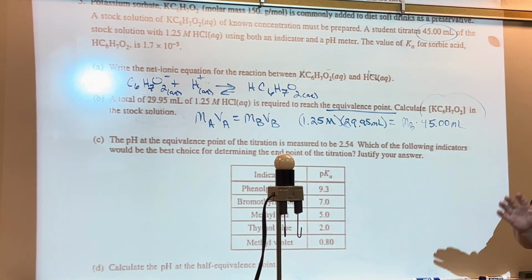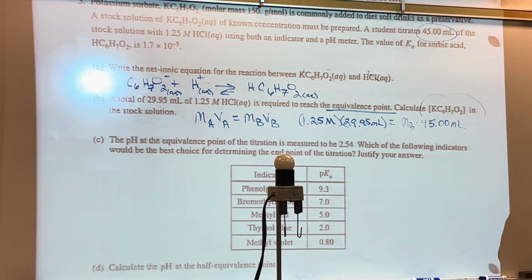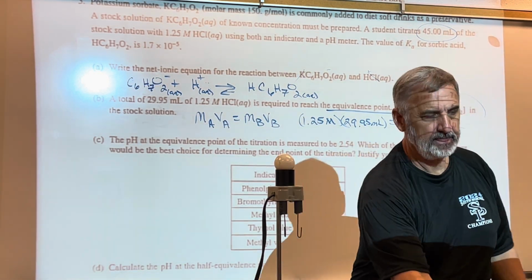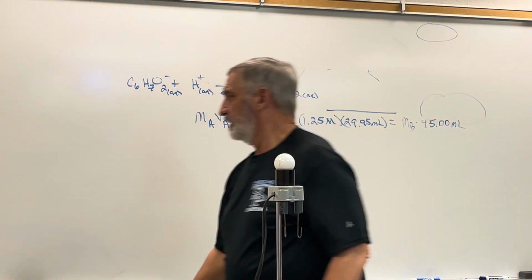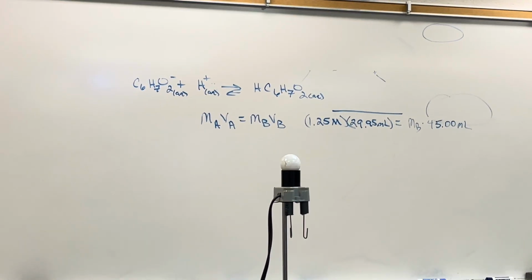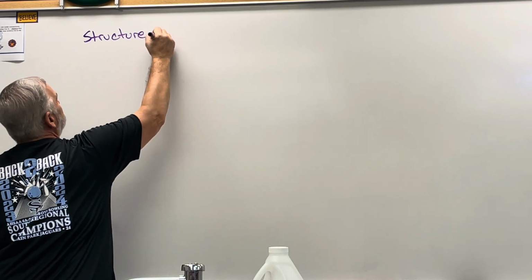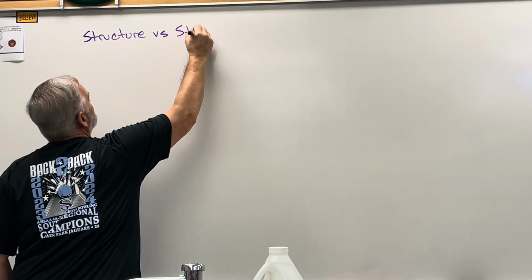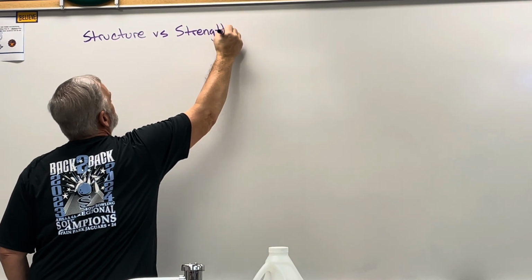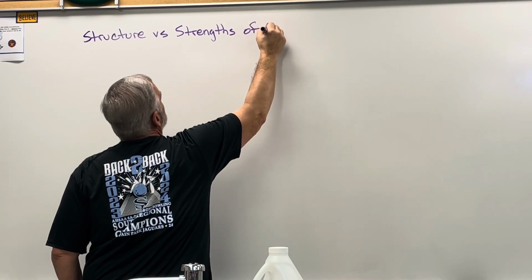Okay. Now, last concept, and then we get to just start practicing. This is what we started yesterday, and we'll just start over again today. Structure versus strength of acids.